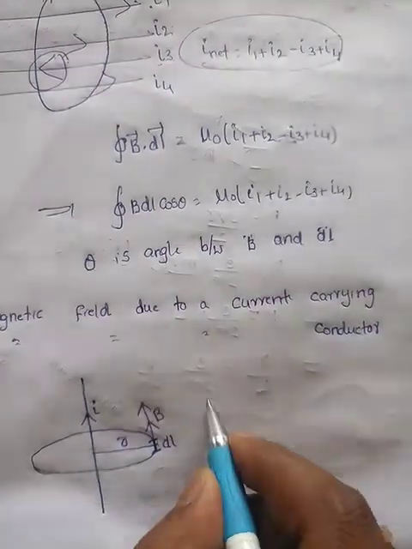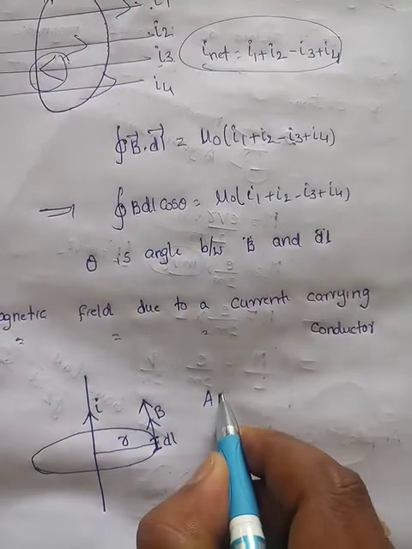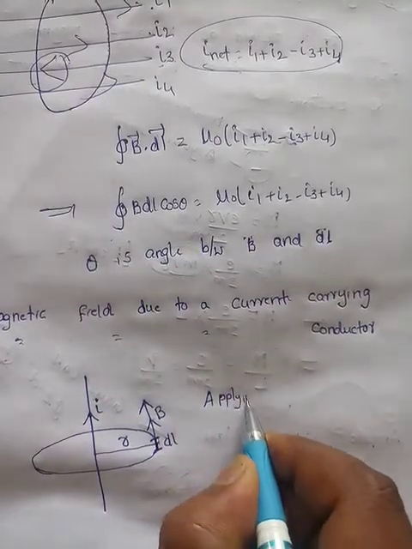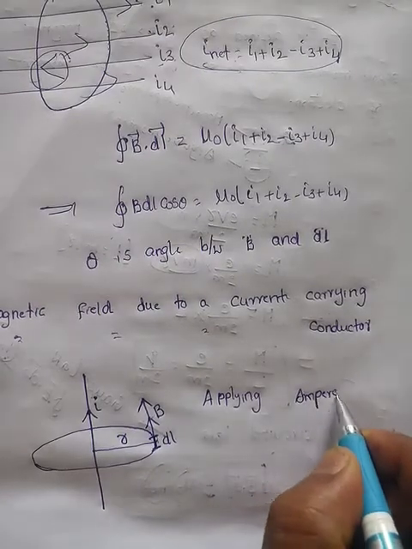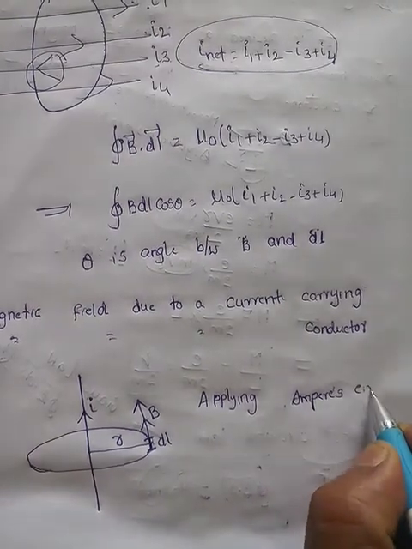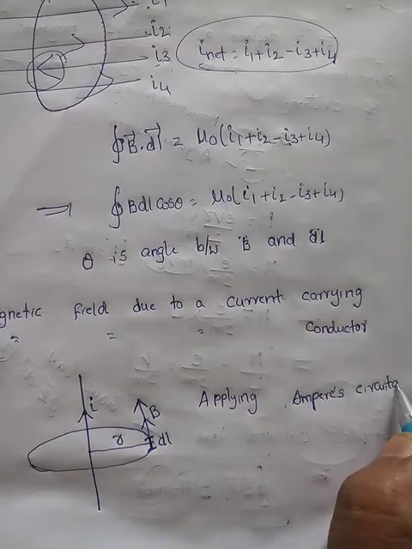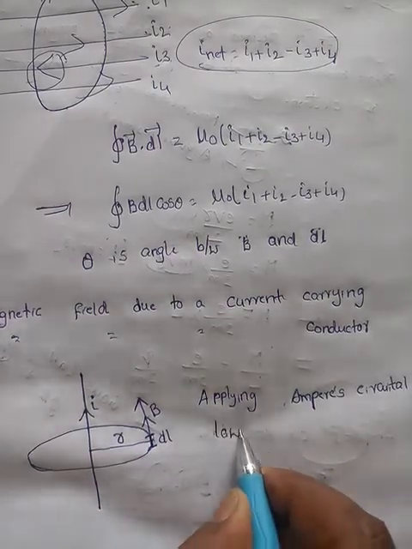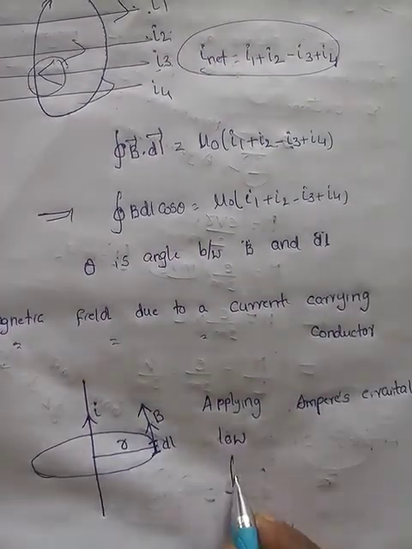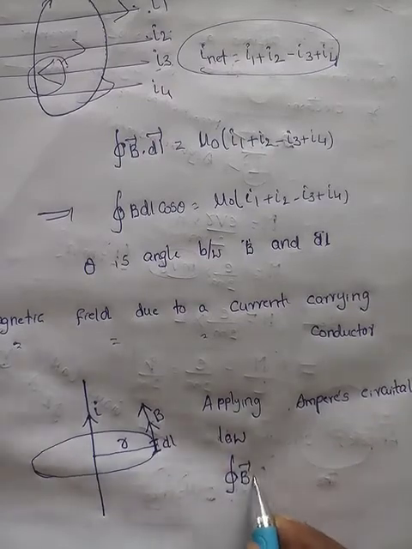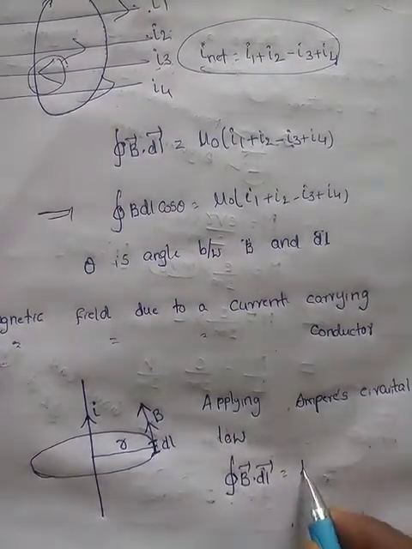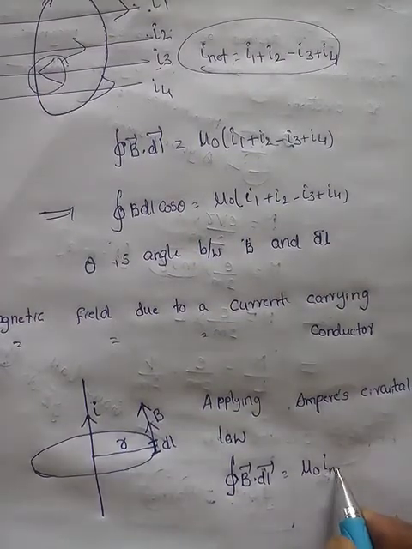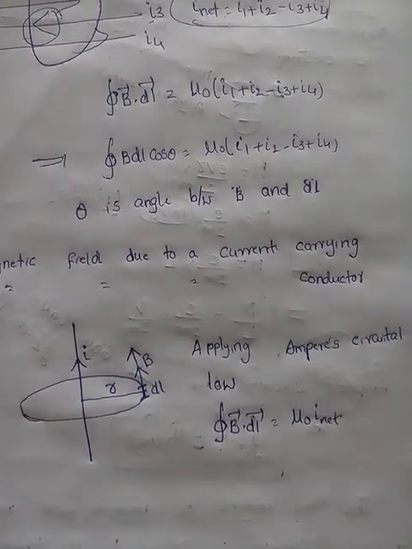Applying Ampere's circuital law. What is Ampere's circuital law? The line integral of magnetic field over a closed loop is equal to mu naught times the net current flowing through the loop.